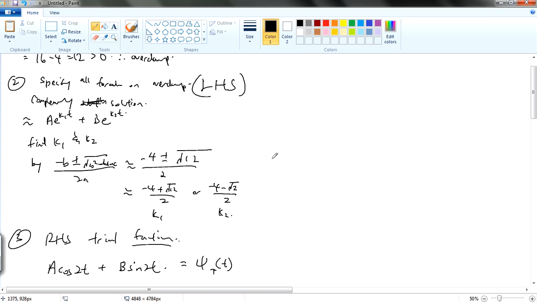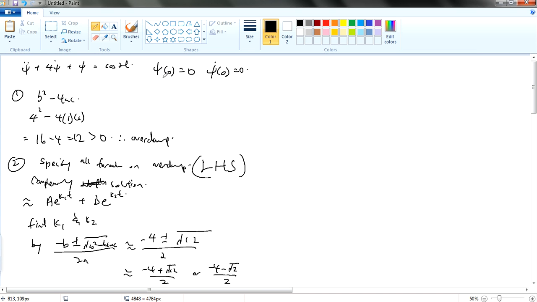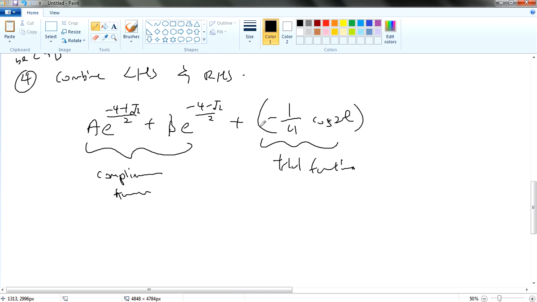So now we are given the boundary condition saying that when t is 0, it is 0. When the first derivative at t is 0, then it's also 0. So this is why, because we have two variables, we need two equations as a simultaneous equation to solve.